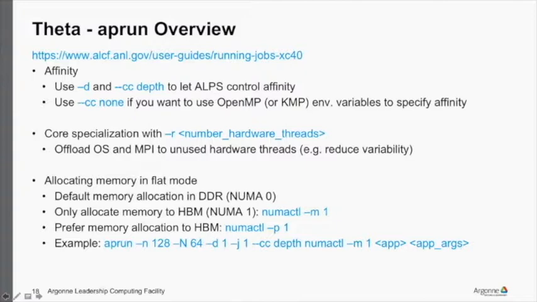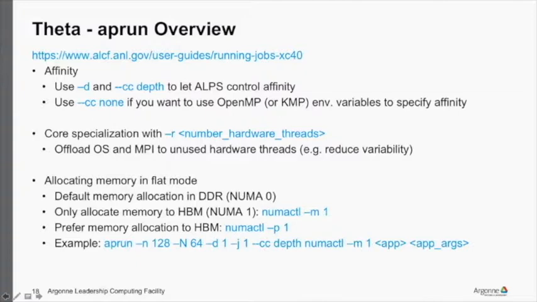One more comment on the memory mode. If you're requesting nodes in flat mode and you want to explicitly allocate to either the DDR or to the high bandwidth memory, you can specify that control with numactl. You can use dash m to have mandatory allocation into NUMA node 1 in this example. 1 is the high bandwidth memory, 0, the default, is the DDR4 memory. Or you can have a preference. The difference with dash m is if you run out of memory in that space, the application will exit with an error.